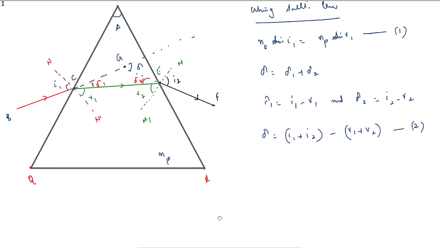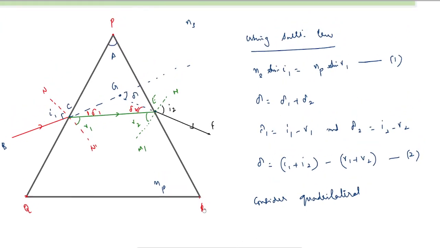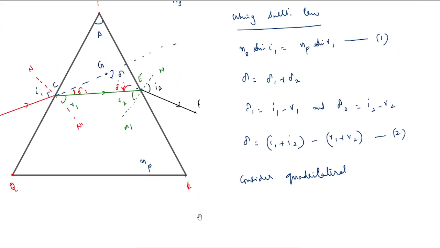Now here we need to find the relationship between refractive indices and the angle of minimum deviation. So let's consider a quadrilateral.